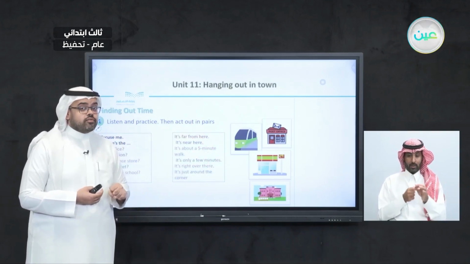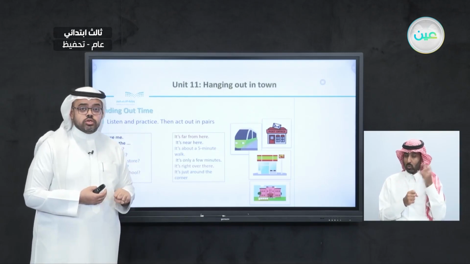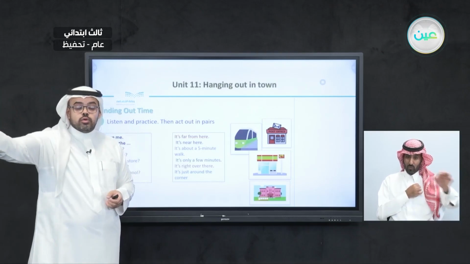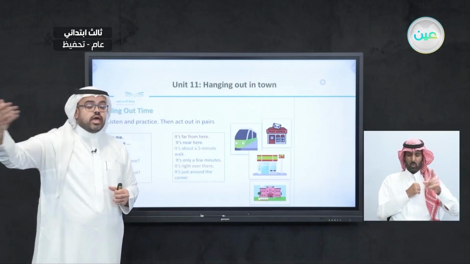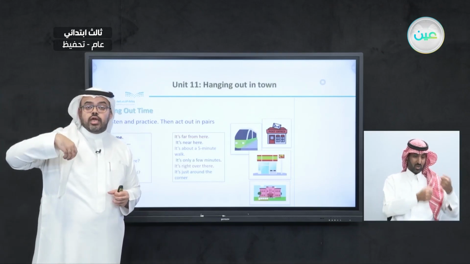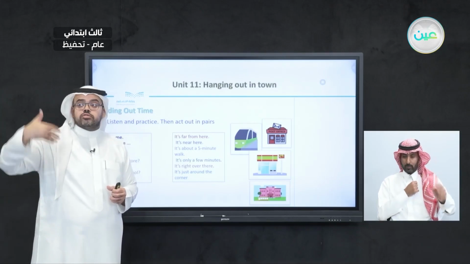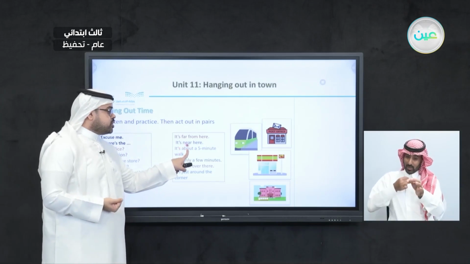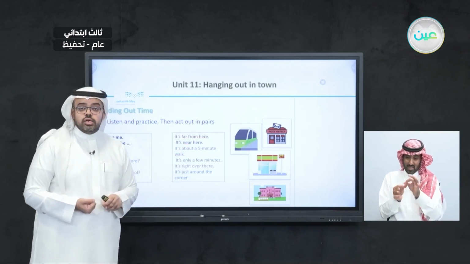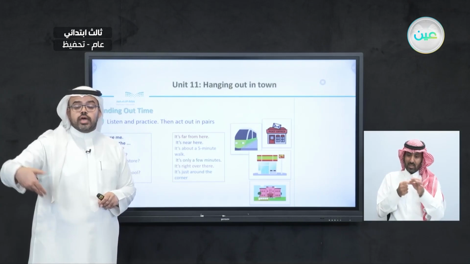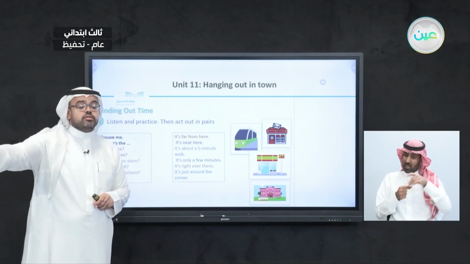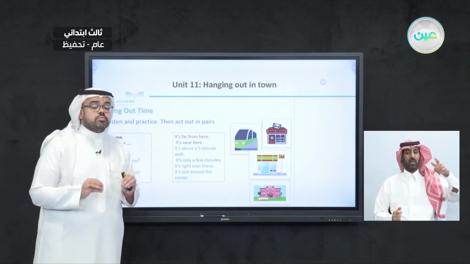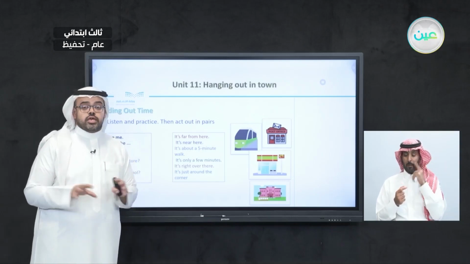So here we have learned two important words. The first one is, it is far, which means we need a taxi, we need a car or maybe a bus to go to that place. And the other word we learned is, it's near. Maybe near we can just go to this place walking. So this is about the second place, which is the train station.